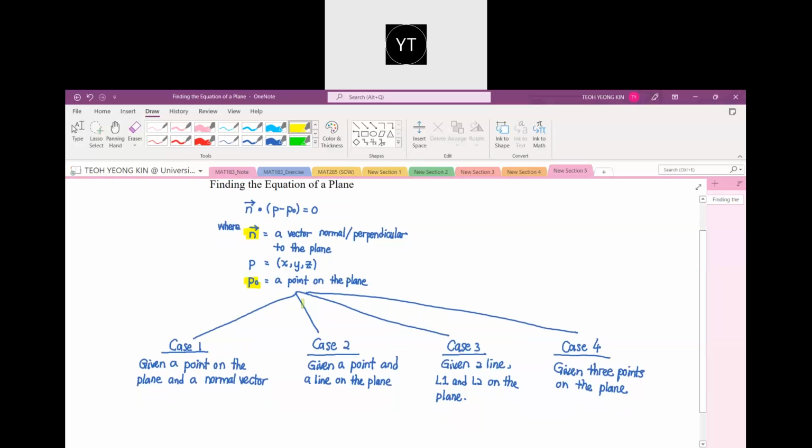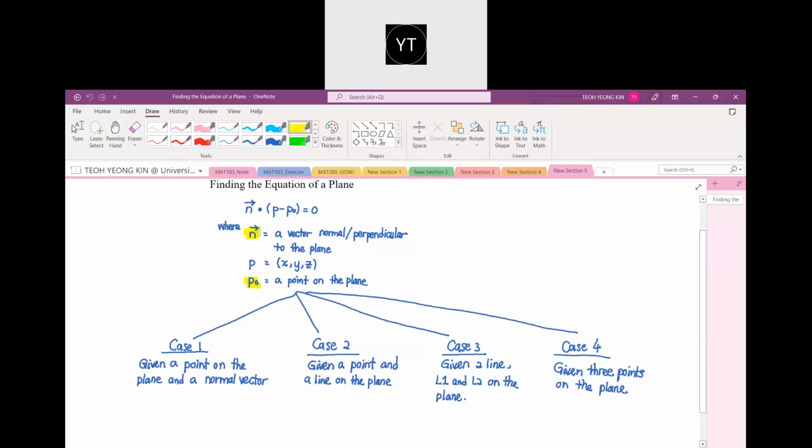There are four cases that we're going to consider in this subtopic. The first scenario is given a point on the plane and a normal vector, the easiest scenario, where we can straightforwardly substitute p naught and the normal vector. In case number 2, given a point and a line on the plane. The third scenario is given two lines L1 and L2 on the plane. And case number 4, given 3 points on the plane.